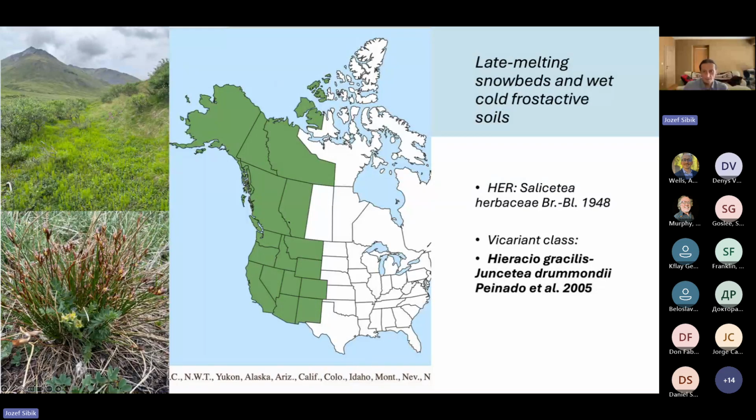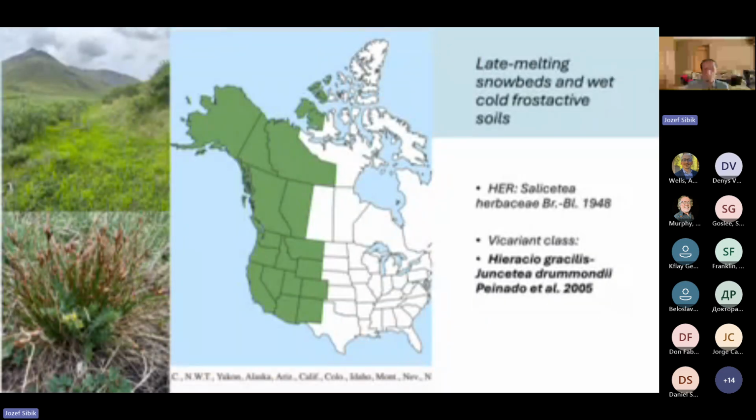Here we can see the distribution range of Juncus drummondii. So we can see that the Rocky Mountains and Alaska can be covered by this new class that has different florogenesis and different geological history, but also drivers, because of similar environment, are similar as on other continents.